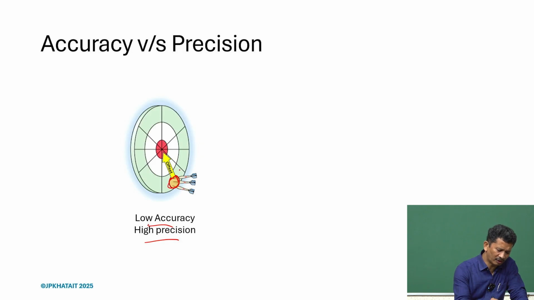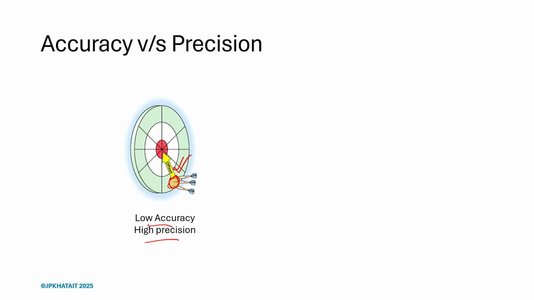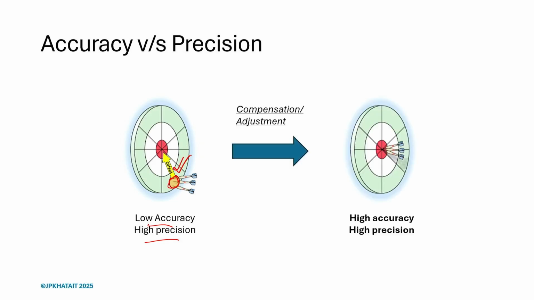If we provide that offset, then we can achieve both high accuracy and high precision. What is required is compensation and proper adjustment. Many times we are looking at these cases where the precision is high even though the accuracy is low, but with the high precision, with the proper adjustment and compensation, we can achieve high accuracy.